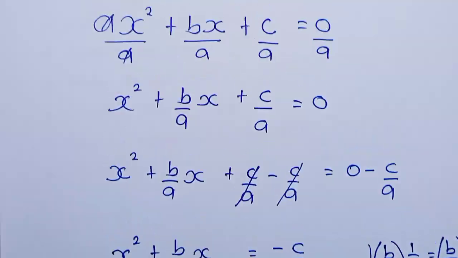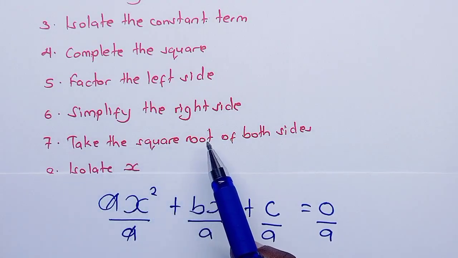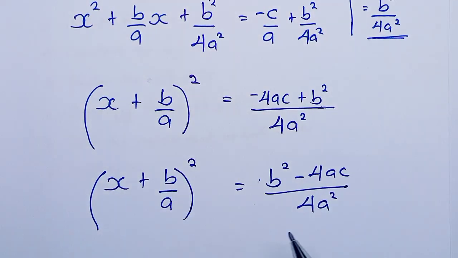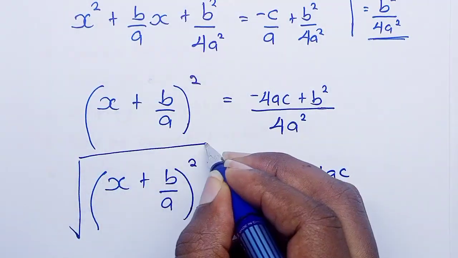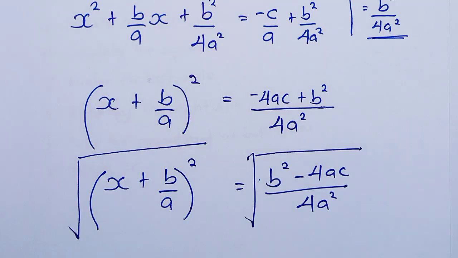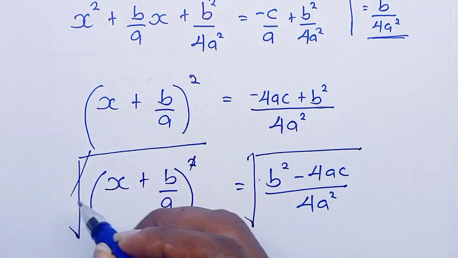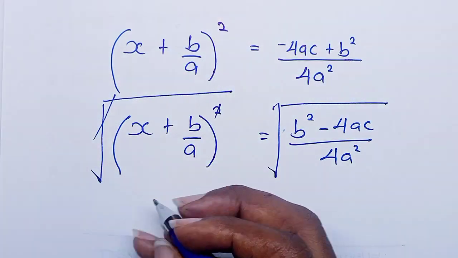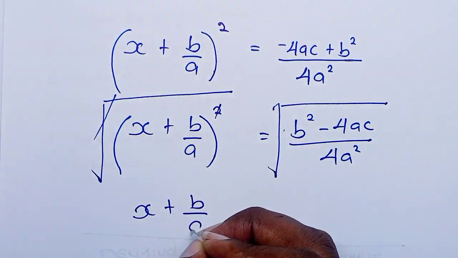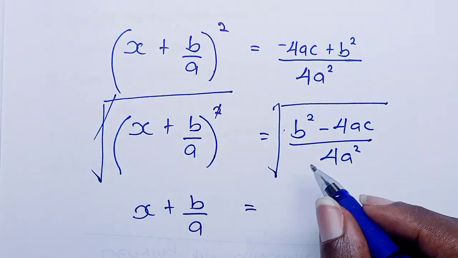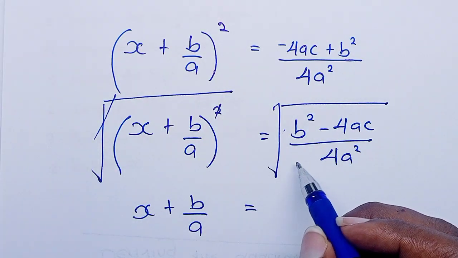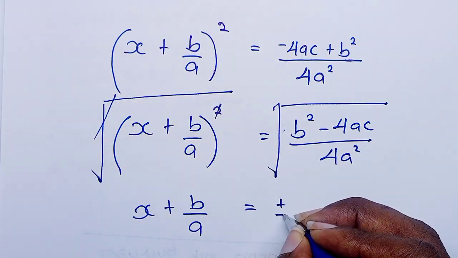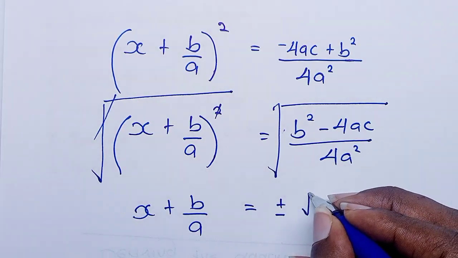Now after that, the next step is to take the square root of both sides. Take the square root of this side and the square root of this side. This cancels with the square root. So this will give us x plus b over a being equal to both positive and negative roots, so don't forget that. Let us distribute the root.